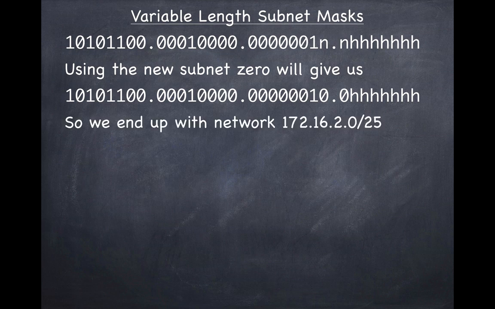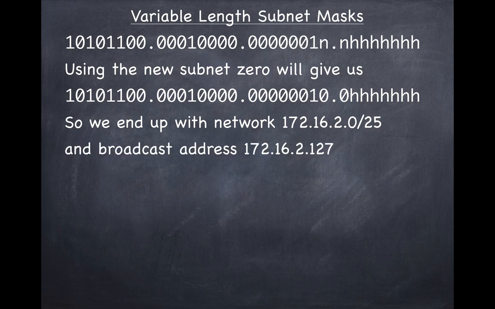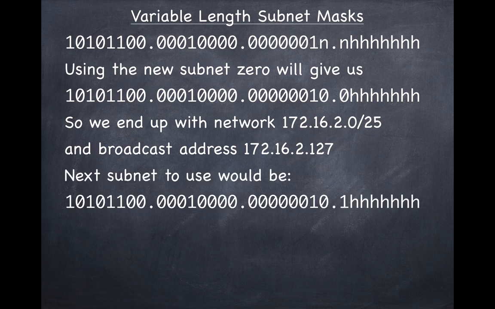And if we go up, we'll end up with the network address being what we started with, 2.0 slash 25 subnet address. Now if we set all the host bits to 1, to get a broadcast address that'll give us a broadcast of 2.127. The next subnet that we have available for use would be where we have 0.1 out of this subnet.